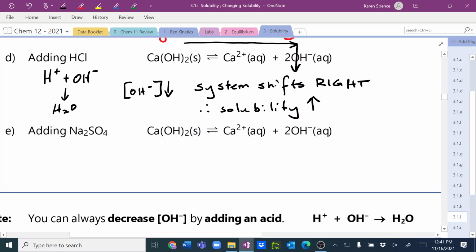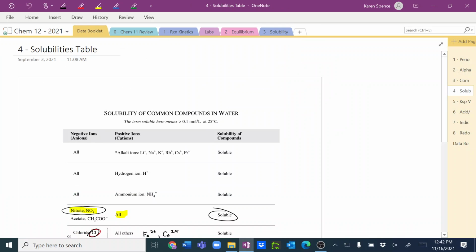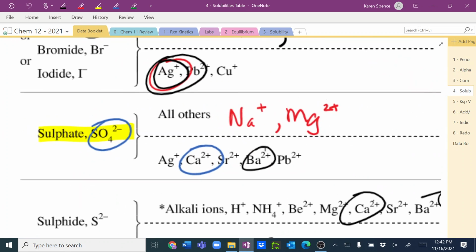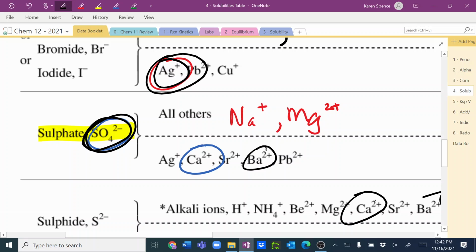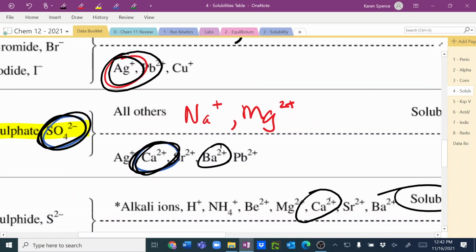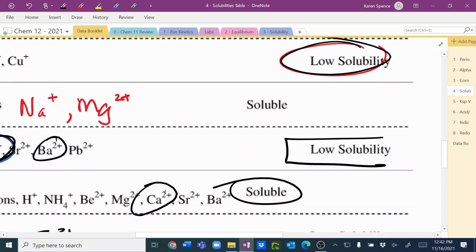What if we add Na2SO4? SO4 combines with the calcium. Yes, it does. If you look on your table of solubilities, you can say, what does sulfate do with calcium? Well, it is low solubility.